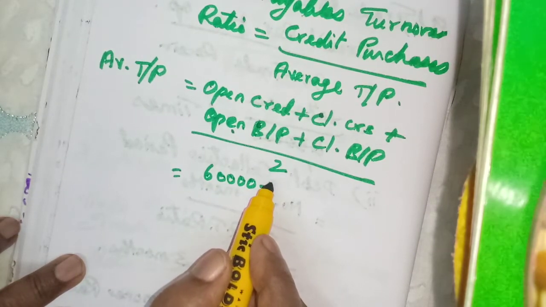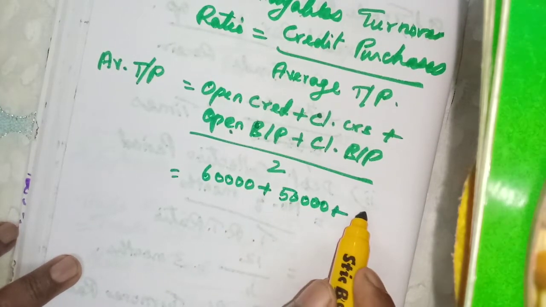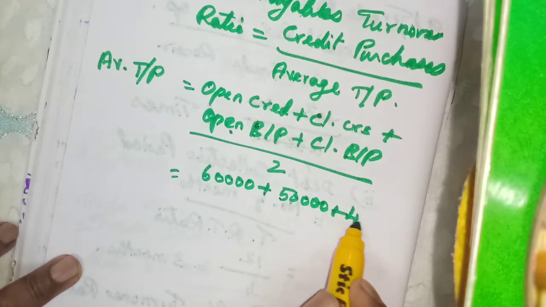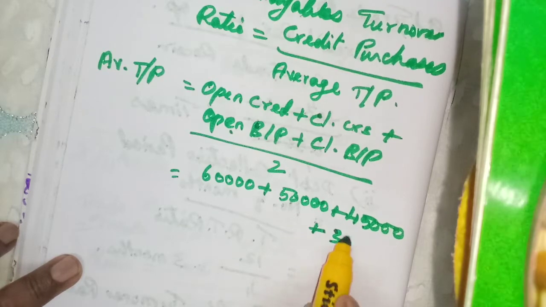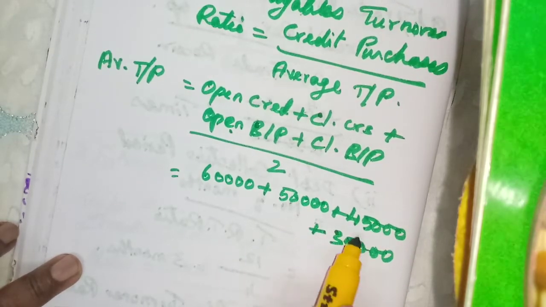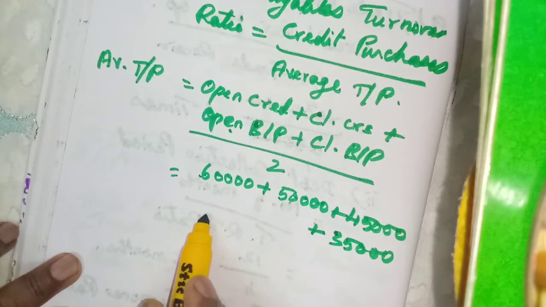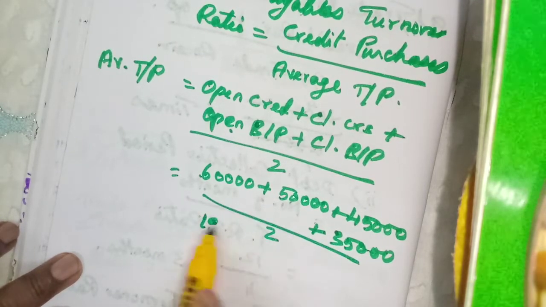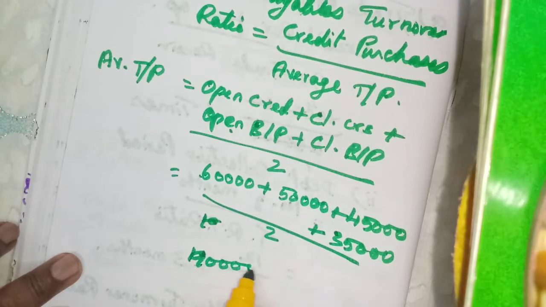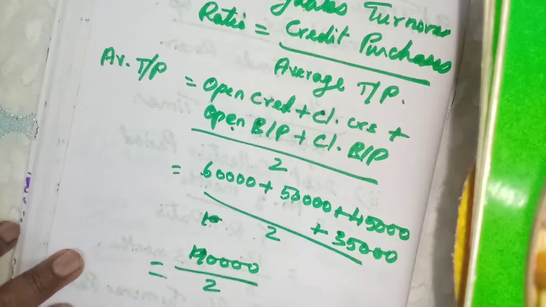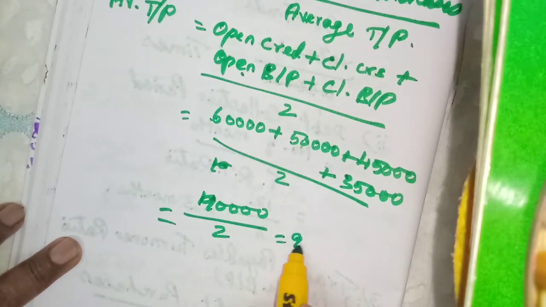Closing creditors 50,000. Opening bills payable 45,000. Bills payable closing 35,000. Here 80,000. Here 1,10,000. So 1,90,000 divided by 2 we have to write. 1,90,000 divided by 2, how much then? Here 95,000.